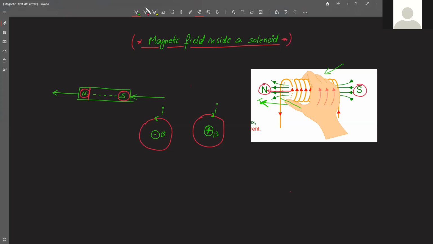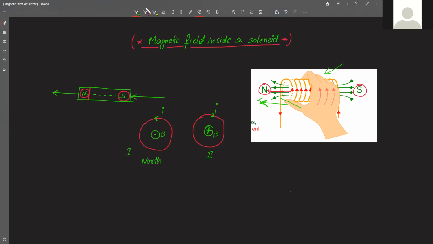Now, if you see this properly, the first case and the second case. In the first case, the magnetic line of force is coming towards you. That means this side of the coil is behaving as the north pole, right?